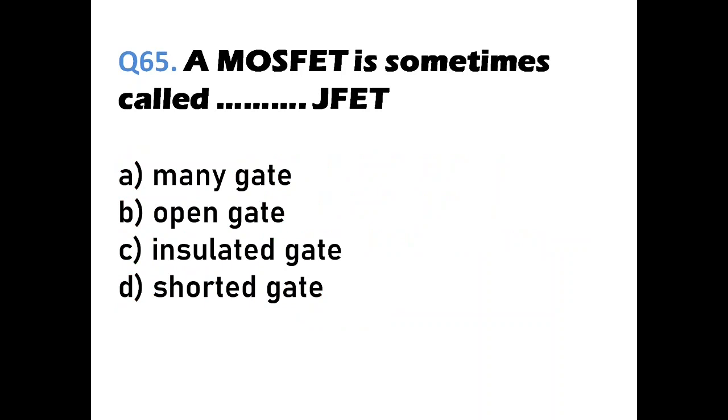A MOSFET is sometimes called dash JFET. As I've told you, the gate terminal which is connected to the MOSFET, between the gate terminal's metal and the semiconductor on the other side, there is an oxide layer in between which is acting as an insulator. That's why it is called insulated gate.